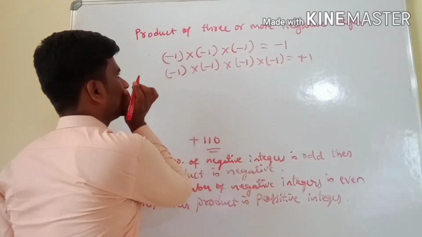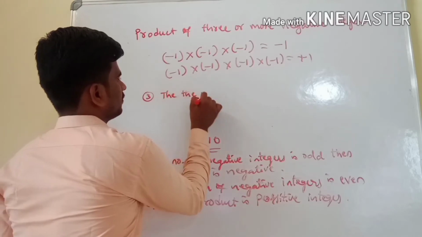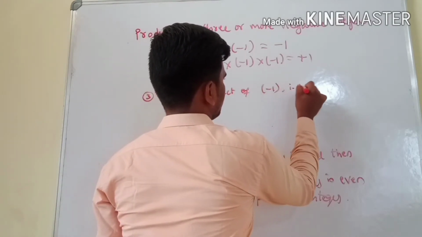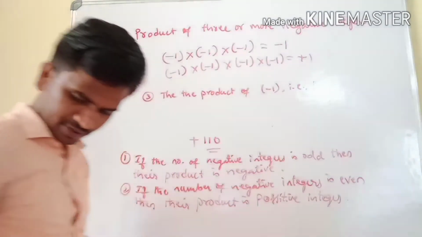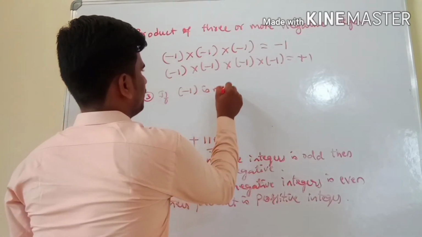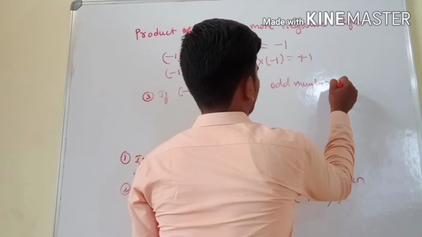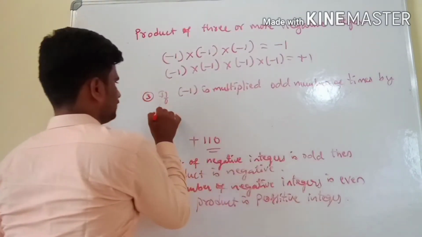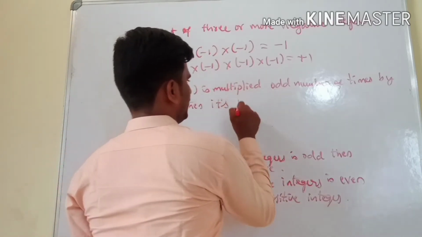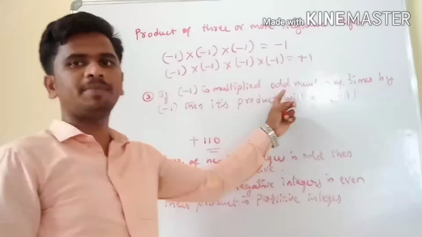You can write this as a note. Third note: if minus 1 is multiplied an odd number of times by minus 1, then its product will be minus 1, because that is multiplied an odd number of times.